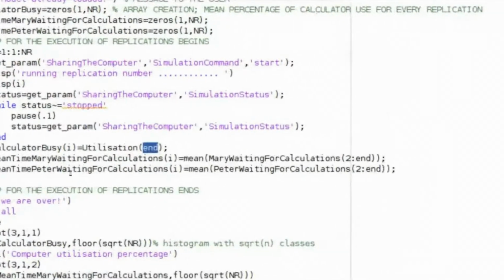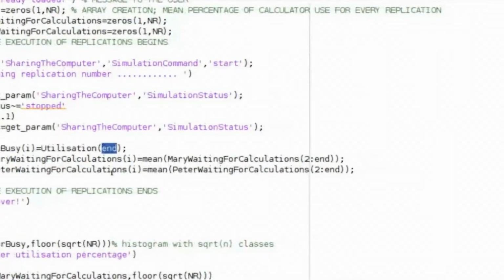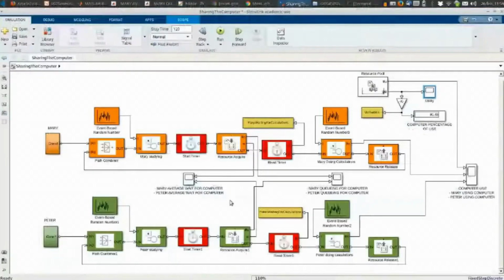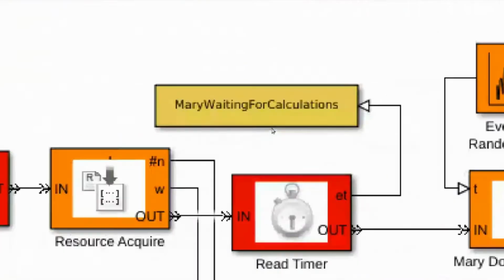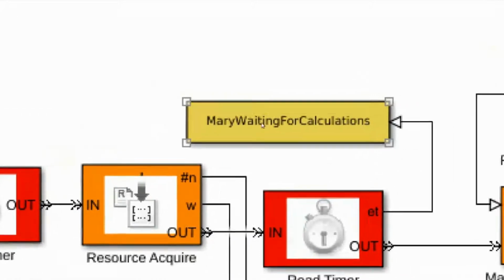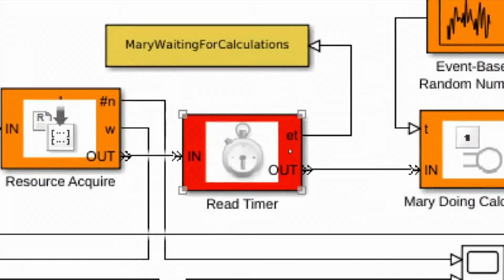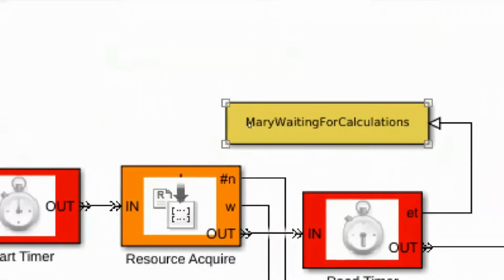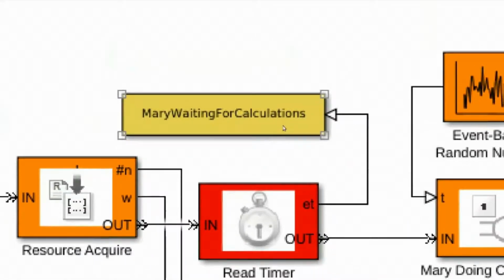Well, let's go now to the mean time that Mary is waiting for calculations, or the mean time that Peter is waiting for calculations. So let's have a look at these variables. For the mean time that Mary is waiting for calculations, I have the elapsed time every time that Mary is waiting for calculations.